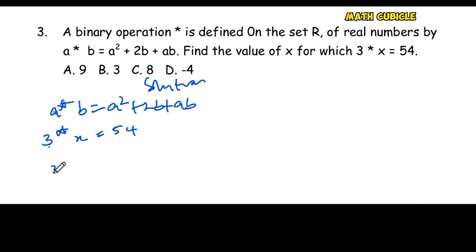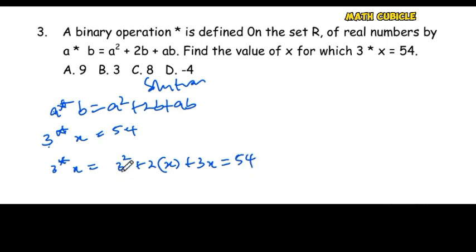So this becomes 3 operation x is equal to 3 squared. That's for a here. A is holding 3 here. Plus 2 open bracket, b is holding x here. So x, plus a is 3, b is x, 3x, then equate it to 54.